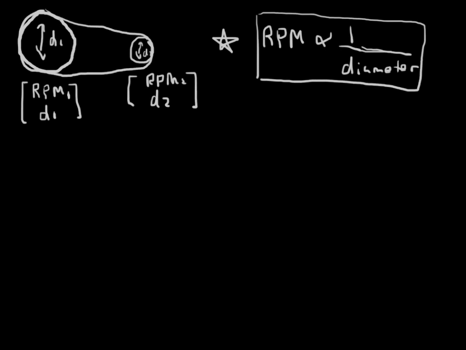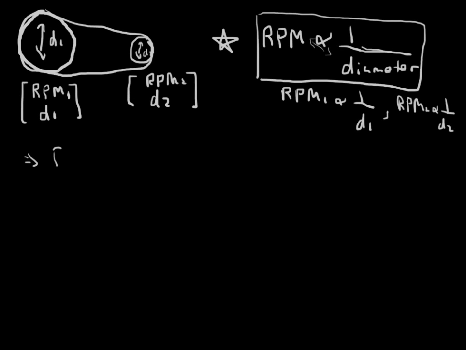So what does this really mean in relation to this question? Well, when you're dealing with inversely proportional things, you have to make sure the factors you consider are diagonal from each other. So RPM 1 is inversely proportional to D1, so it has to be diagonal from each other, not across. RPM 2, again, it's across.